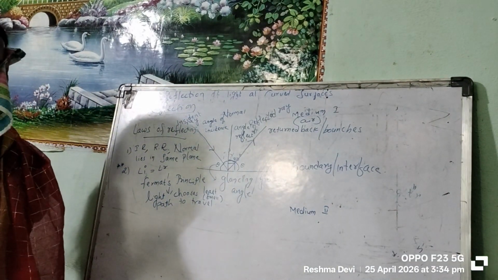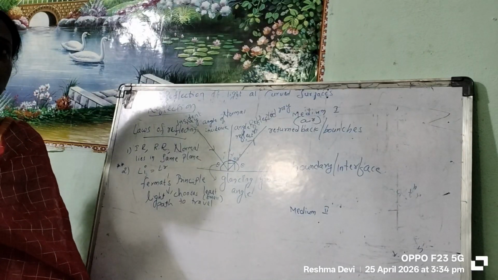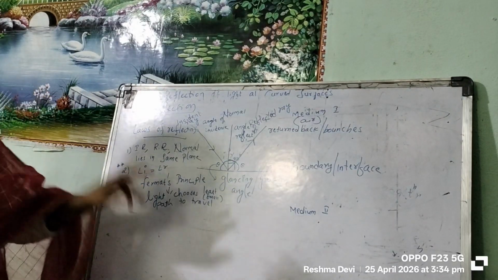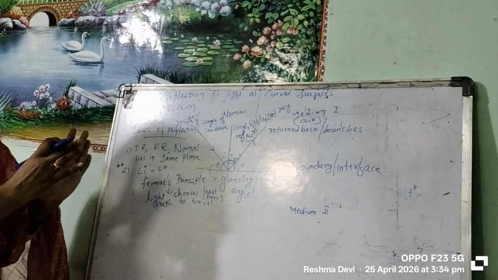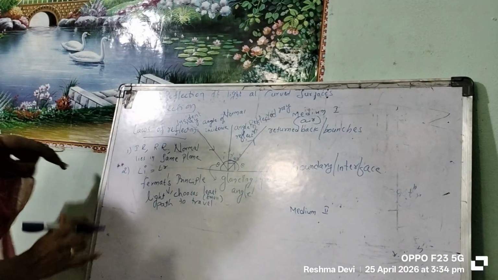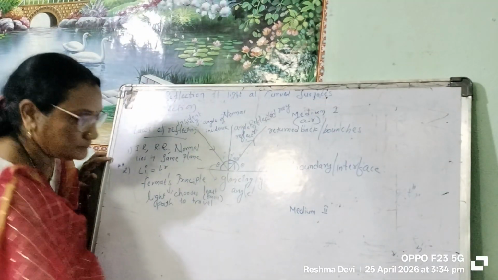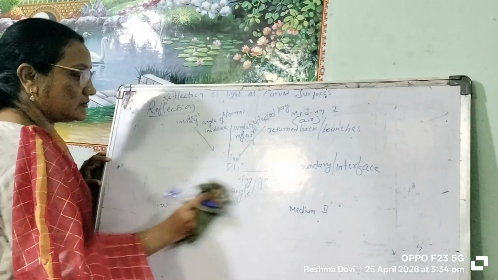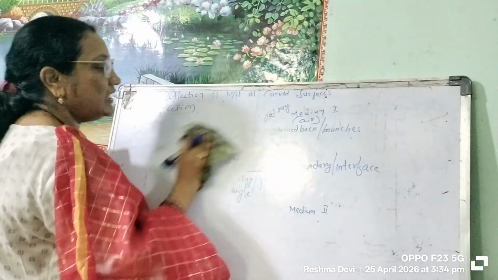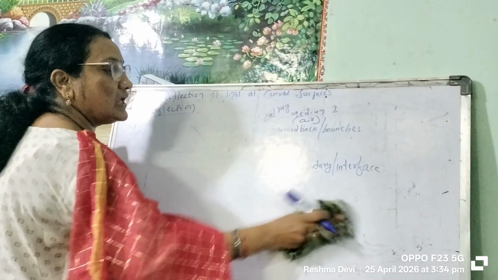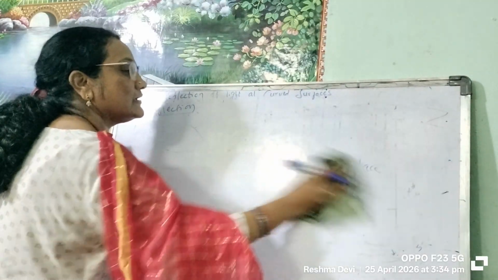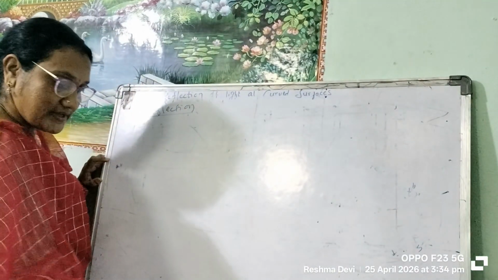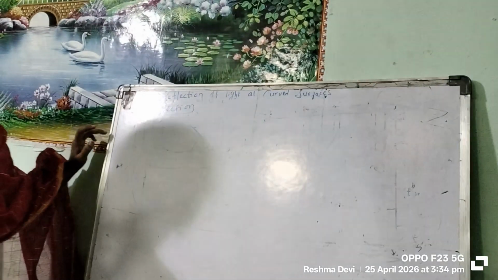Okay. Now, let us do some problems related to this reflection. So, first model, he will give angle of incidence and will ask to find the grazing angle. How we will find?